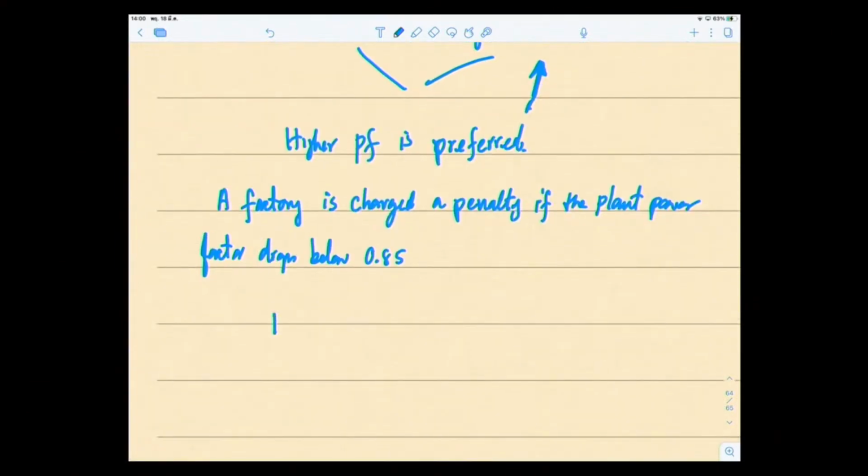This factory is fed with 600 volts. The frequency is 60 hertz.